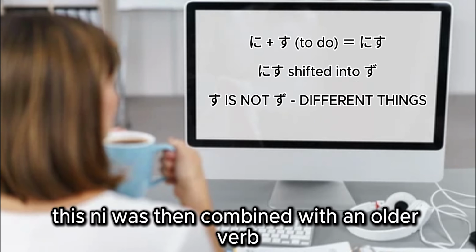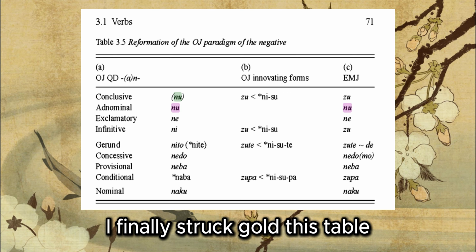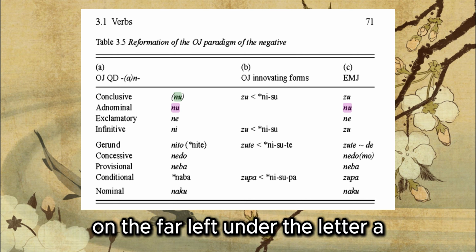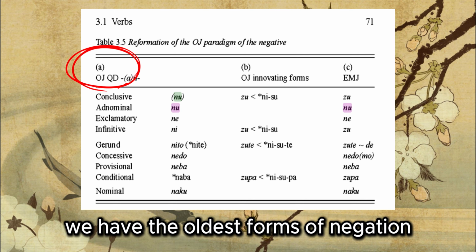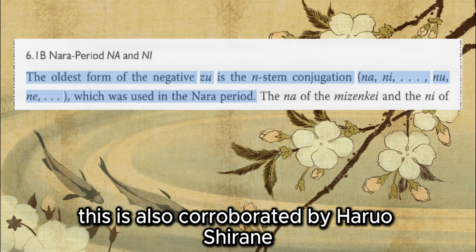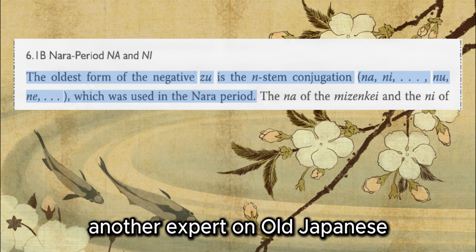Luckily though, after scrolling up and down through Frellesvig's book, A History of the Japanese Language, I finally struck gold. This table beautifully lays out the chronological history. On the far left, under the letter A, we have the oldest forms of negation in Japanese, nu, ne, ni, and so on. This is also corroborated by Haruo Shirane, another expert on Old Japanese.